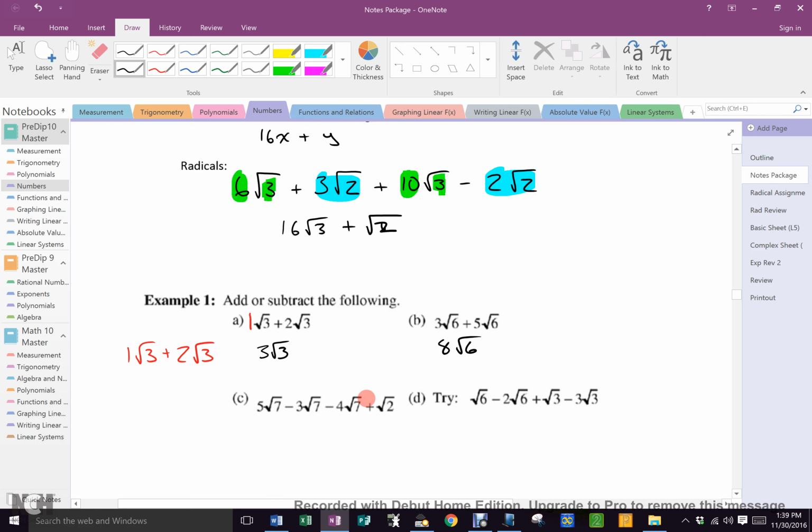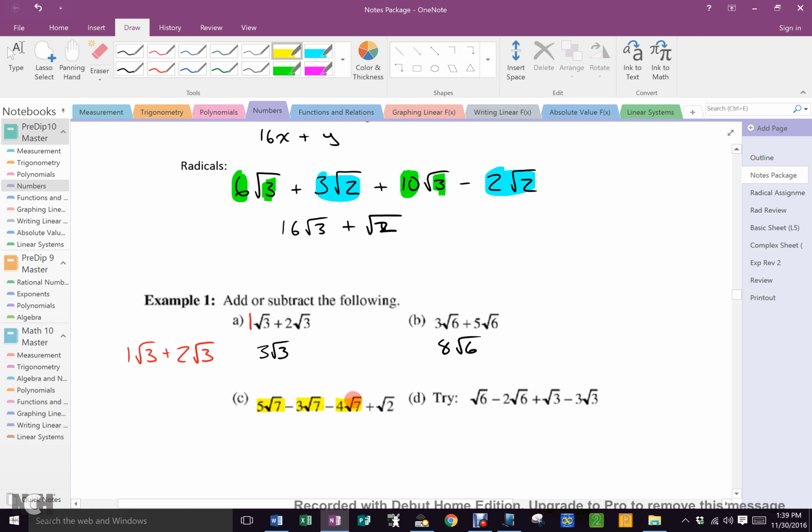What goes together? The 7's all go together, yeah? So what is it? Negative 2 root 7 plus root 2. I can't go any further, can I? That's the same as x and y. Everybody good?